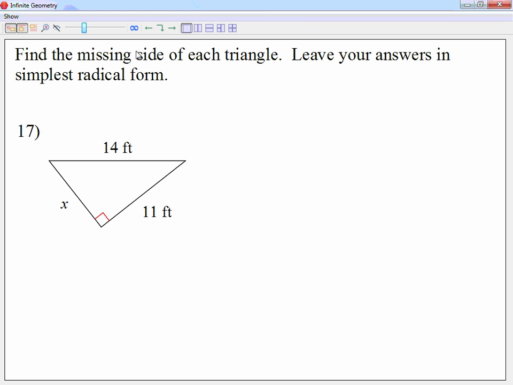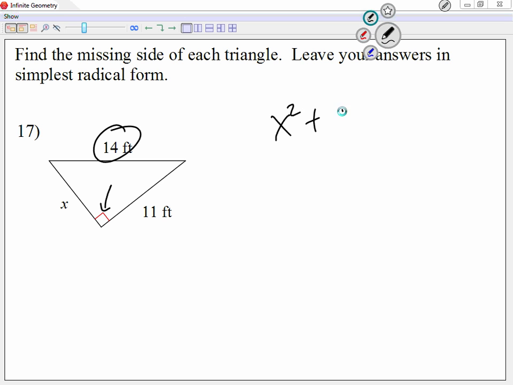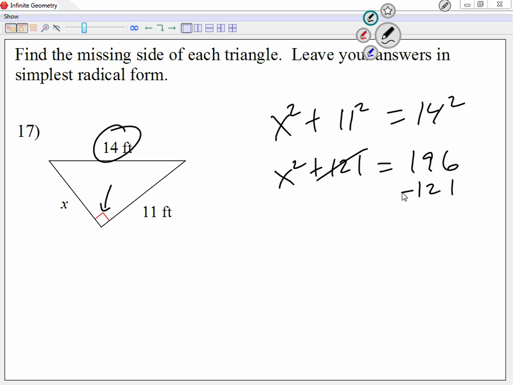Now looking at 17, find the missing side of each triangle. Leave your answer in simplest radical form. Since my angle is 90 degrees, my Pythagorean theorem works. My biggest side is 14, so let me write this as x squared plus 11 squared equals 14 squared. Now I'm using the equal sign because it's a right triangle. So I'm going to write x squared plus 121 is equal to 196. Let me subtract 121 from each side.